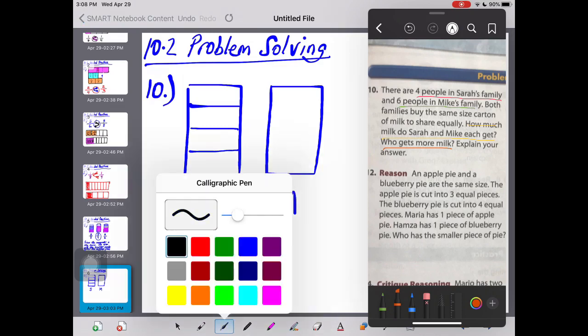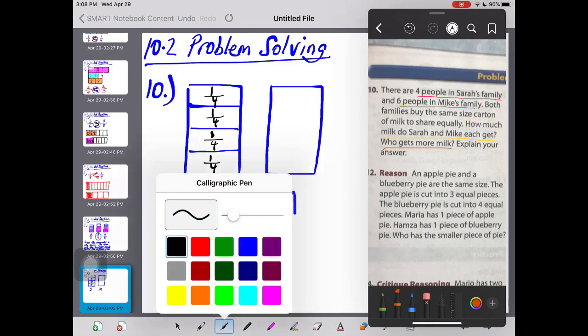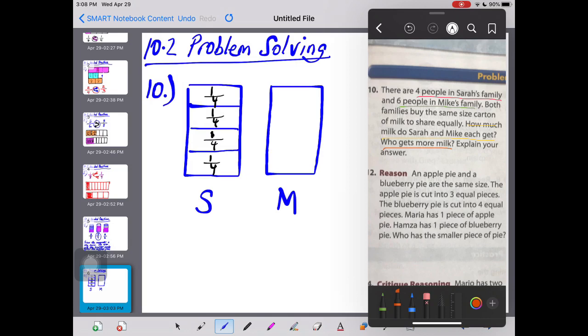So each section is 1/4, right? 1/4, 1/4, 1/4, and 1/4. There we go. Now, on Mike's family, it looks like Mike has a few more people in their family. They have 6 people.